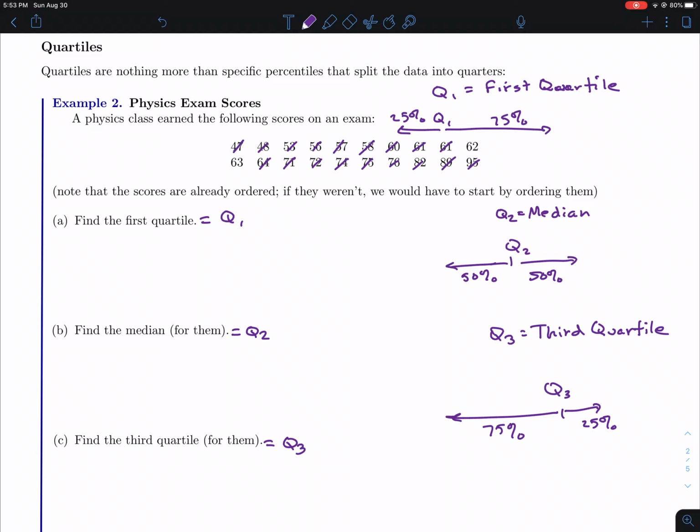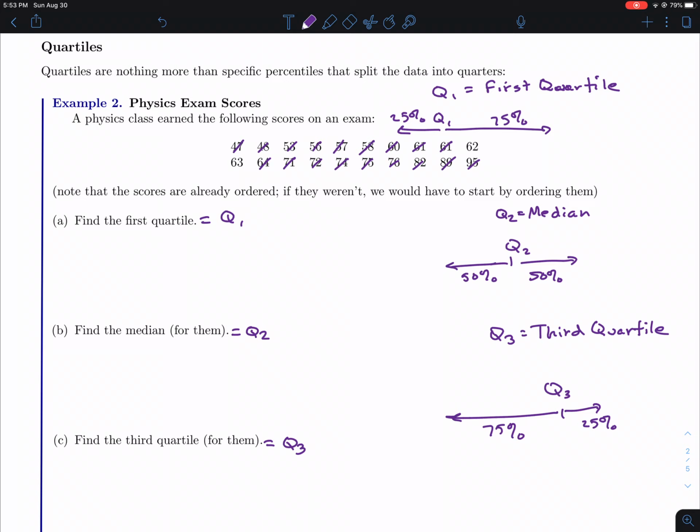But if you have an even number of data points, there is no middle. So in our case, we've got 20 data points. So I'm going to have 10 to the left, 10 to the right. So the median is actually going to fall in between the 10th and the 11th digit. So in this case, between 62 and 63.